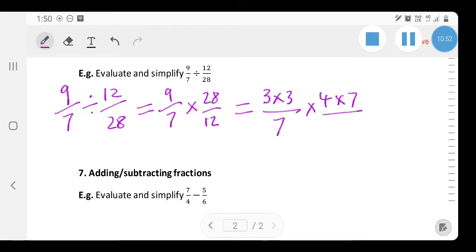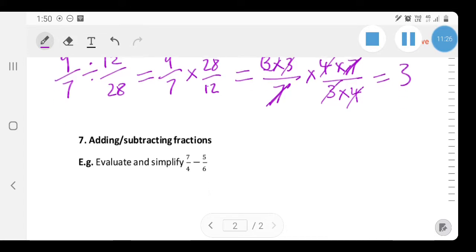And 12, well, I can write that as 3 times 4, which is convenient also, because now I can go cancel, cancel, look at this, cancel. Okay, all that's remaining is this 3 here. So the answer is 3. Didn't expect that to work out quite so tidily. Lovely.